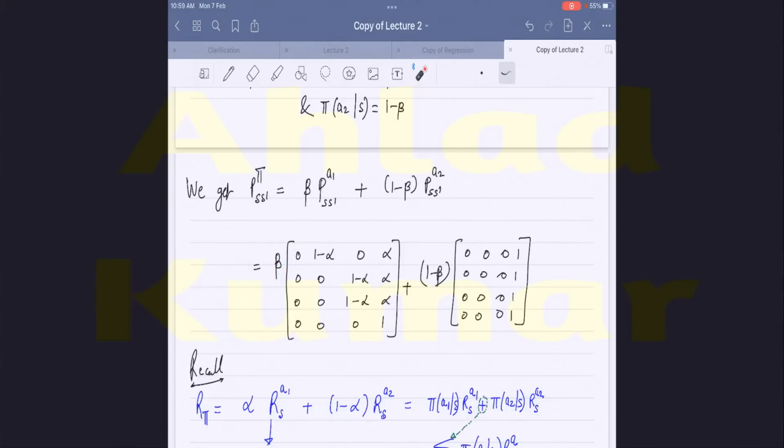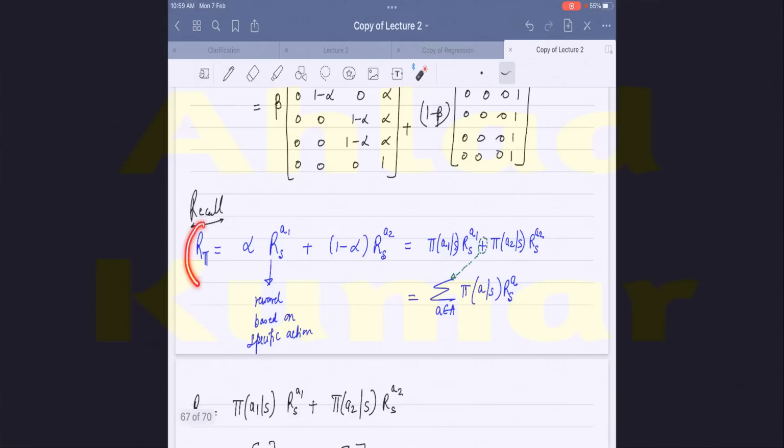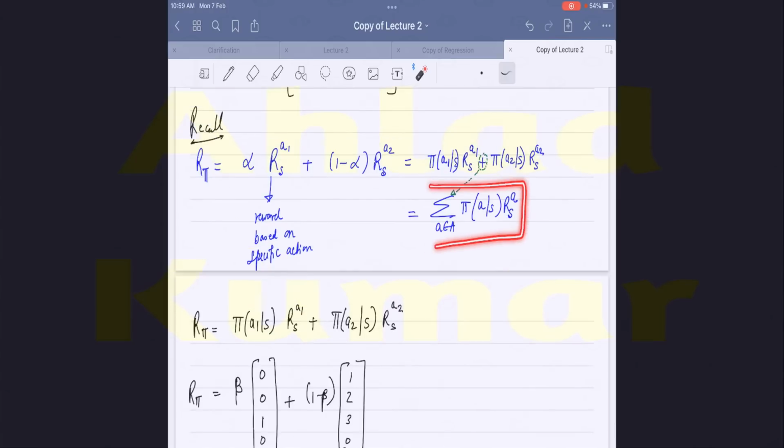We will keep it as such. Then if you recall, the reward function based on the policy pi will also be given like this for the two actions a1 and a2. This is the expression for the reward. For the two states, you can expand this summation over a1 and a2.